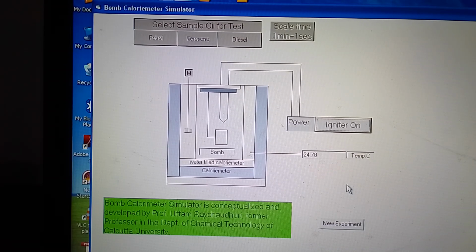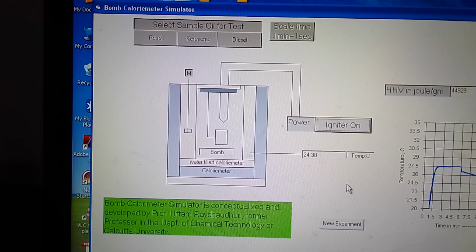From this, the average temperature is calculated, and then finally we get the heating value by multiplying the difference of the maximum average temperature, that is, you have to calculate the area under the curve, as I have already told, and then the heating value is calculated. Obviously, correction has to be made again for the cellulose wire which you are connecting. So this is the experiment.